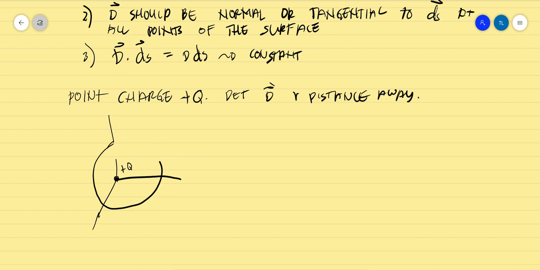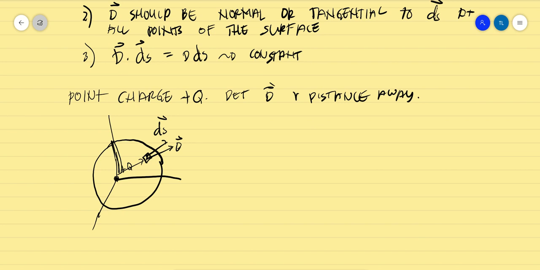if we try to take a differential area at this sphere here, the direction of that surface area will be perpendicular in that direction. This will be dS, and the direction of D, the flux density, is the same direction as the field, which is also outward in that direction.